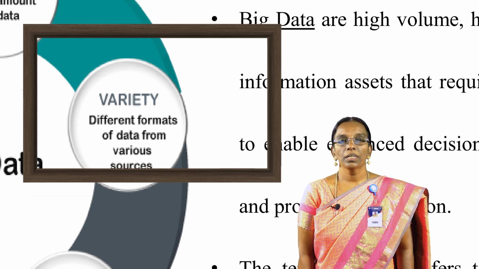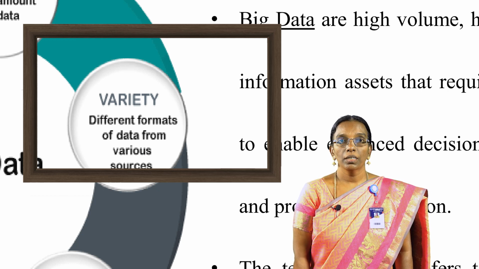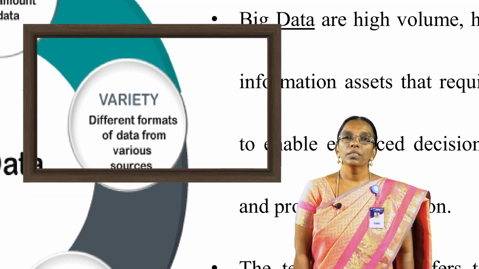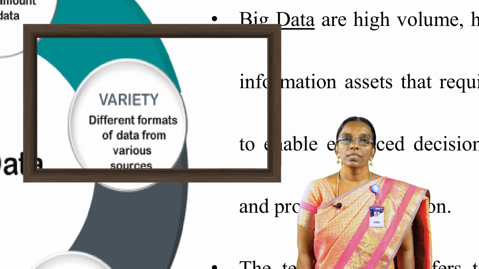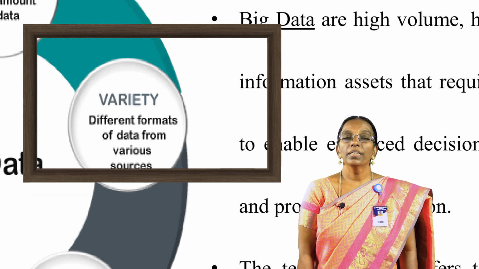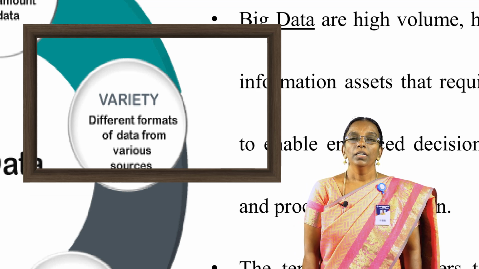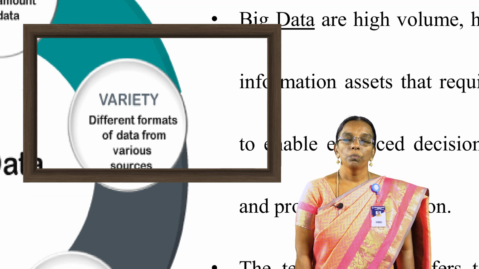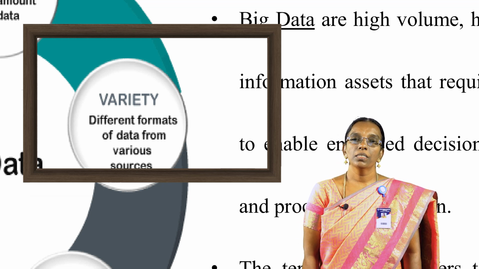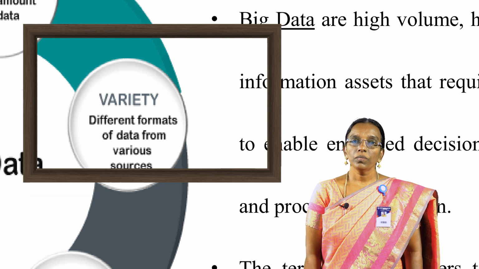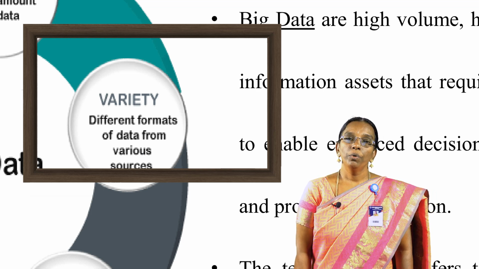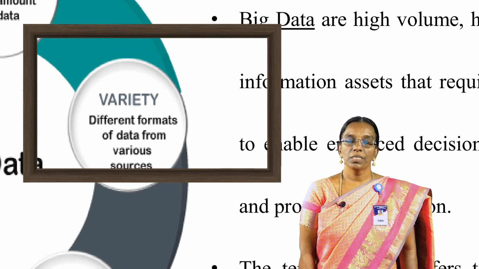Whatever data we are collecting, that should be a correct one. If there is any uncertainty, oscillation, that is called veracity. The next comes velocity, the speed at which the data are generated. The next one, value. How you extract useful data, that is called value. So on the whole, big data contains the important 5 V's.